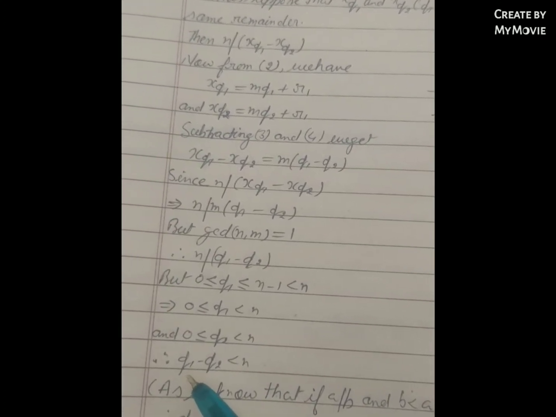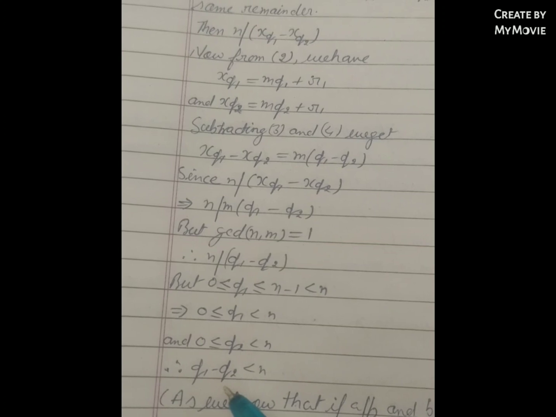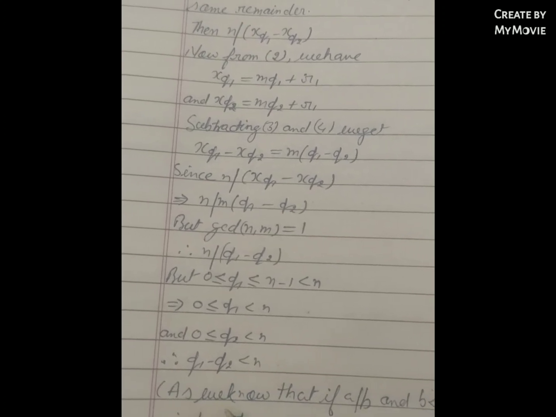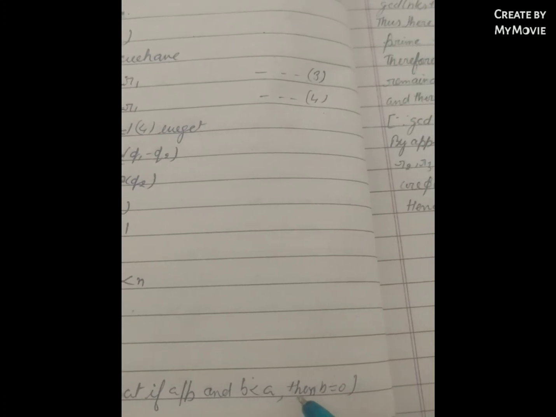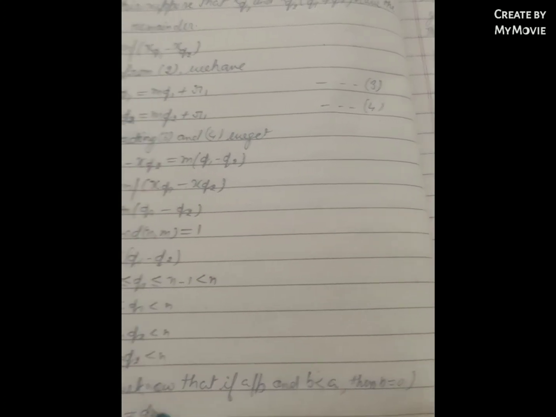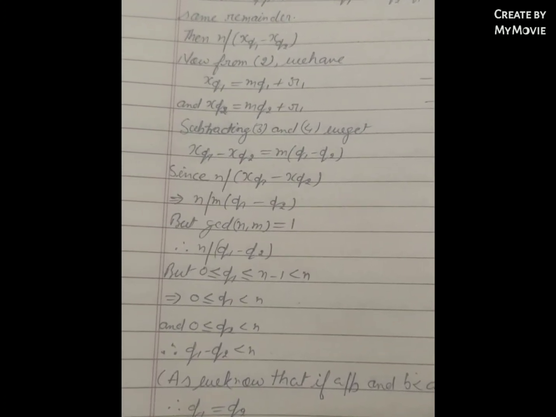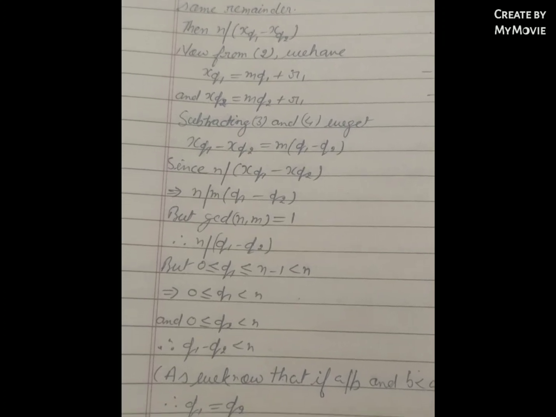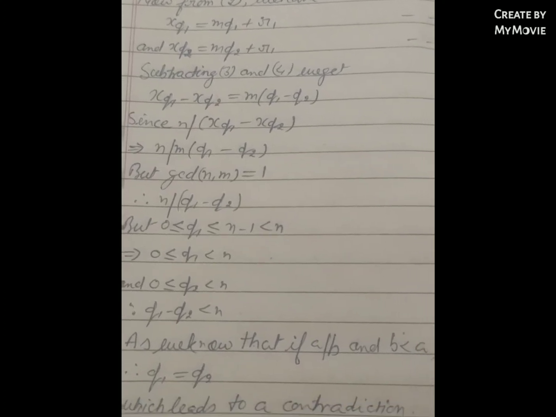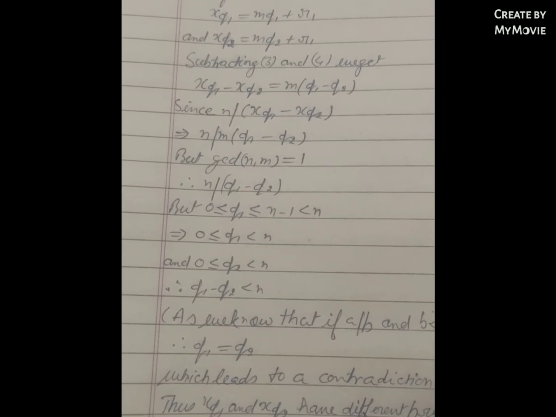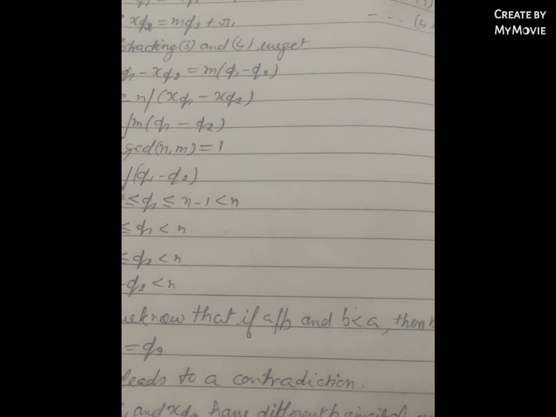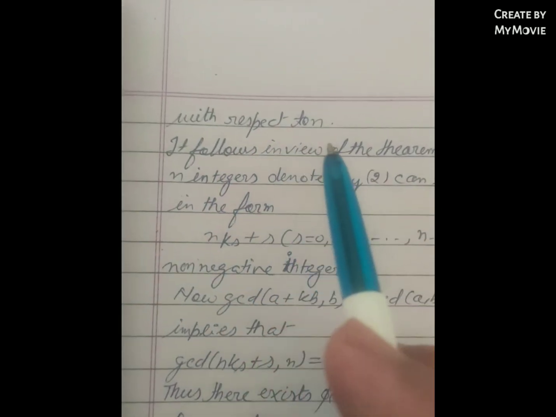So the absolute value of q1 minus q2 is less than n. As we know, if a divides b and b is less than a, then b is 0. So q1 is equal to q2, which leads to a contradiction. Thus x_q1 and x_q2 have different principal remainders with respect to n.